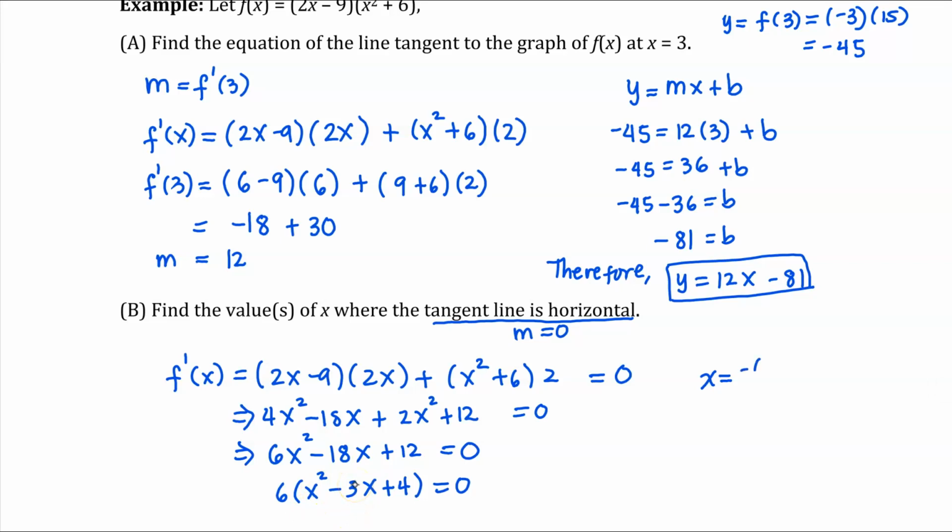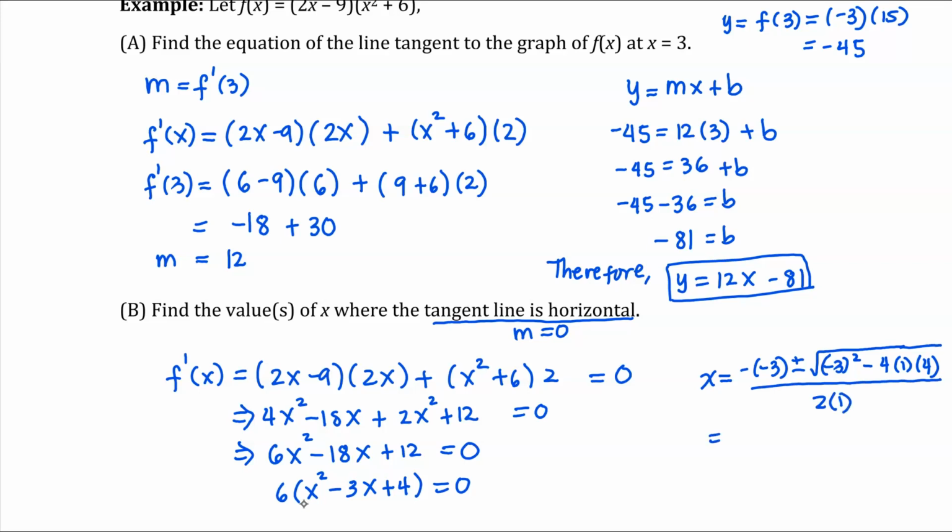So negative of negative 3, plus or minus the square root of b squared. So that is negative 3 squared minus 4 times a, which is 1, times c, which is 4, all over 2a.